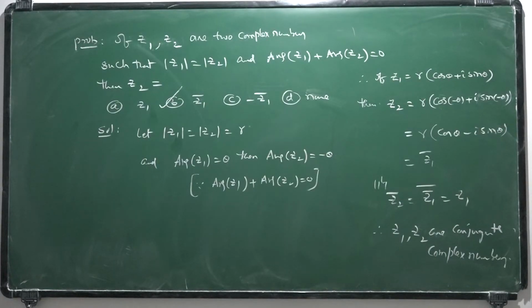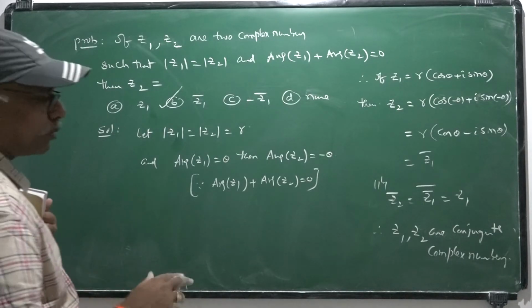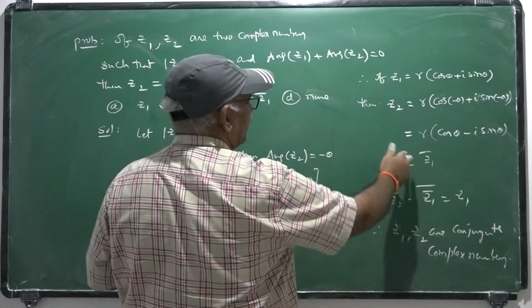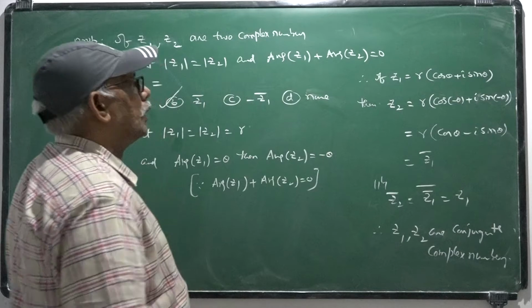If z1 and z2 are two complex numbers such that their magnitudes, the modulus, are equal, and moreover the argument of z1 plus the argument of z2 is 0, then one is the conjugate of the other.